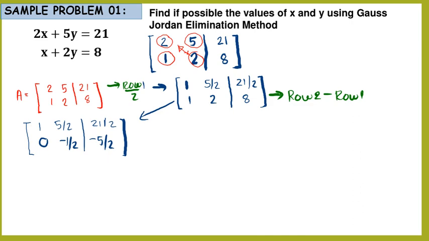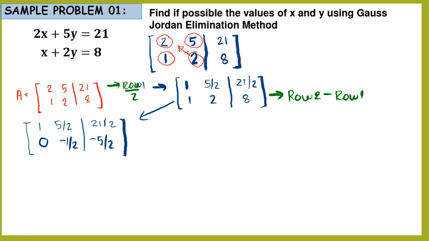Okay. Now, let's make this element into 1 so that our diagonal element will become 1. So let's make this element, the negative 1/2, into 1. And to make that, we need to multiply row 2 by negative 2, so that this element will result to a value of 1.